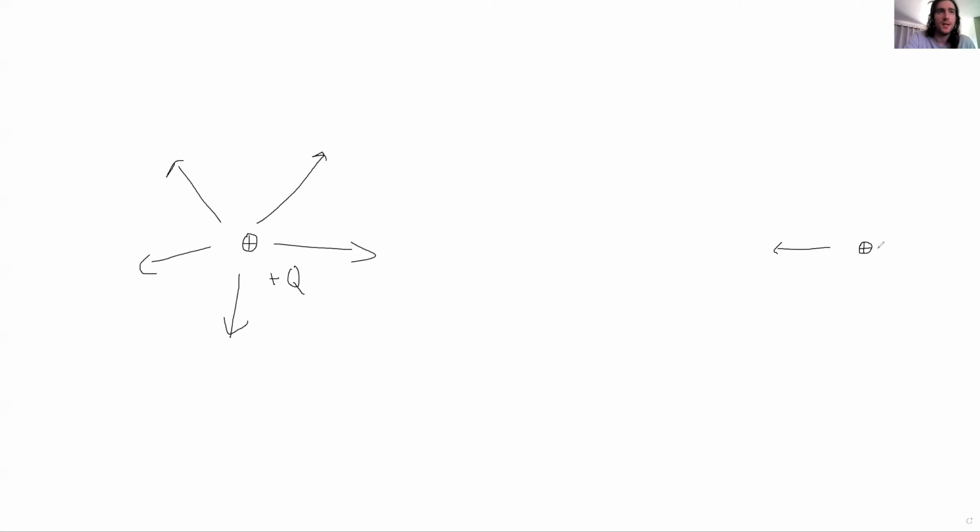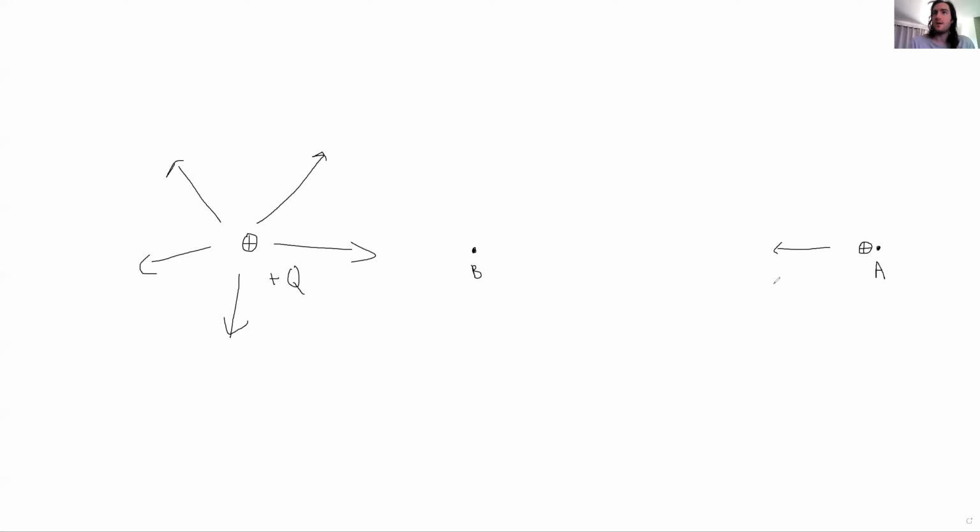This is the point A. And we move this charge closer, right? As we move it closer, it's going to require energy because it's a positive charge, right? It's being repelled by the other positive charge that's already there. And so that would require us to force it into that location. We'd have to apply a force, right? So we'd have to do work to do that.